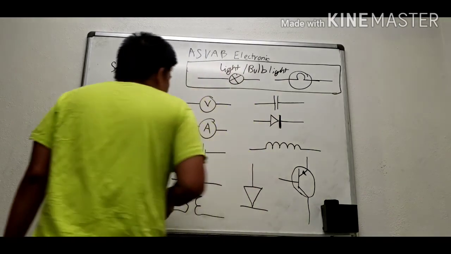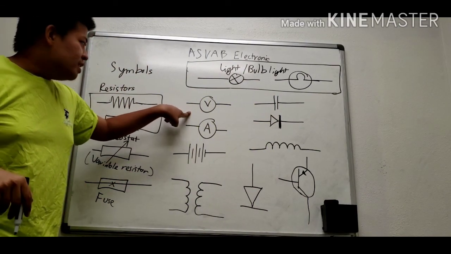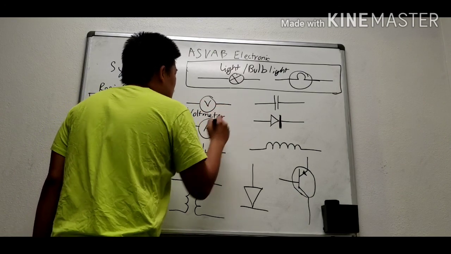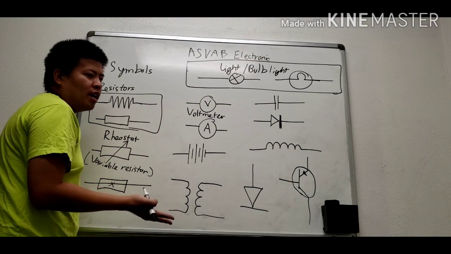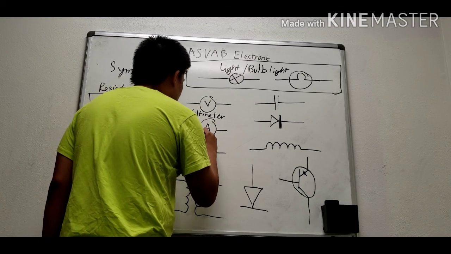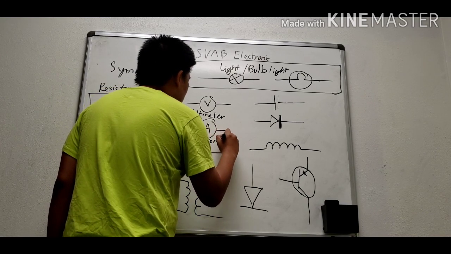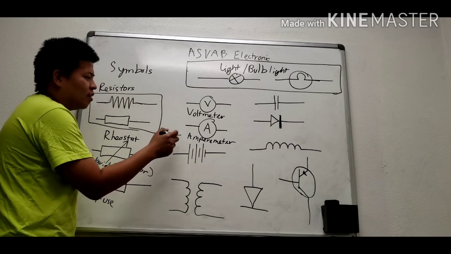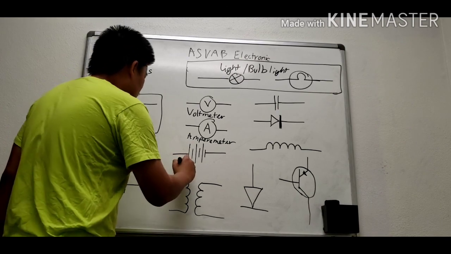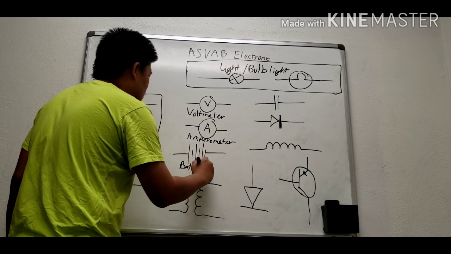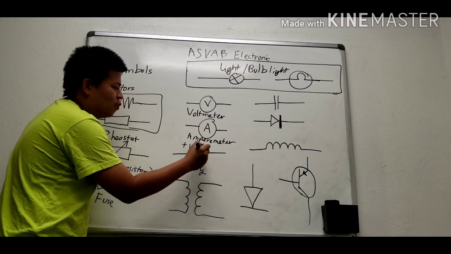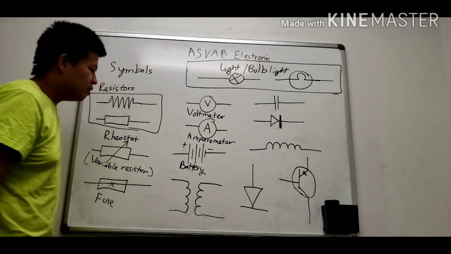The next one is the voltmeter, which measures the voltage. This one is the ampere meter, which measures the current. This one is the battery, we just draw it many times. The long one should be the positive side, the small one should be the negative side.